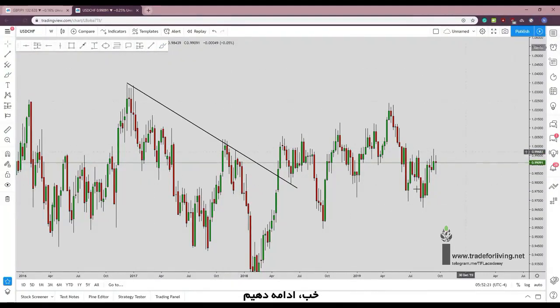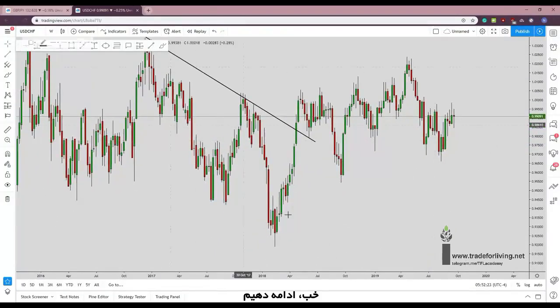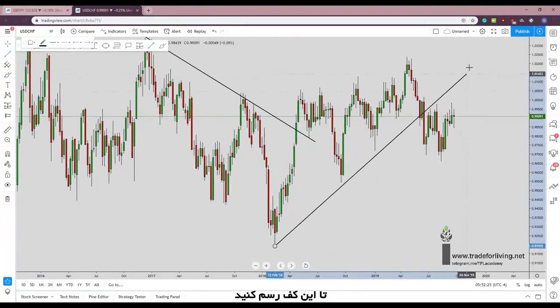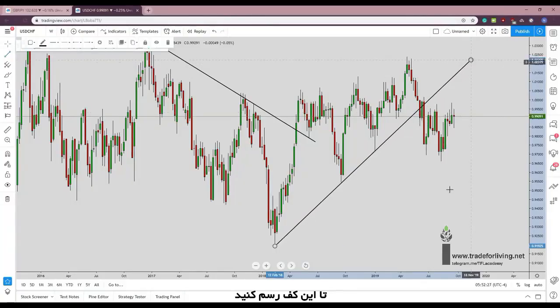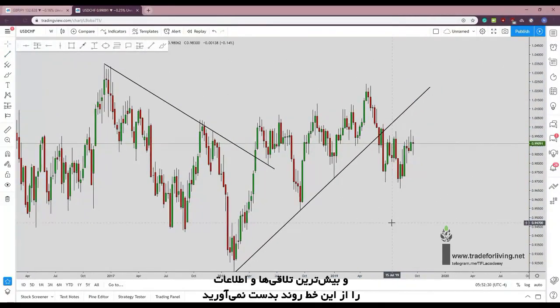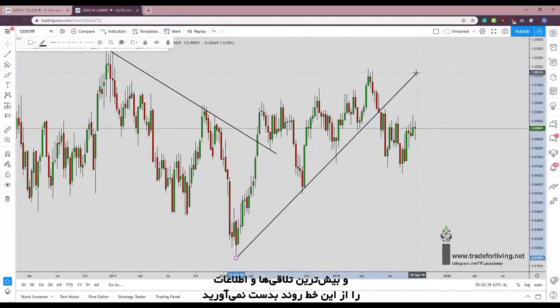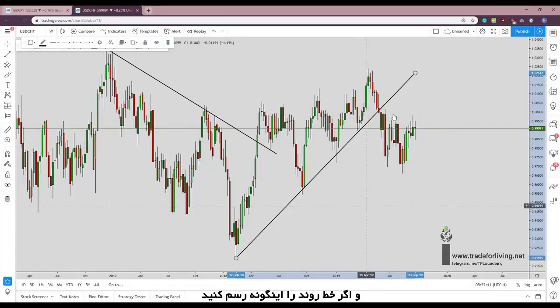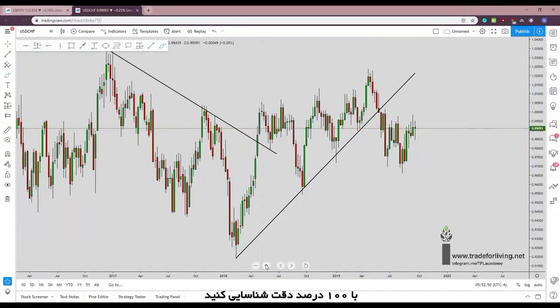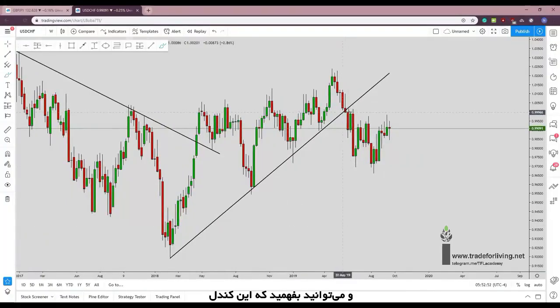Now let's just keep going. If you take your trend line from this low to this low here, you will not be very accurate in the market, because you won't really have the maximum confluence you can get on this particular trend line. If, however, you put the trend line this way, then you are able to identify this level of support almost 100% precise, and you also realize that this candle broke the trend line.